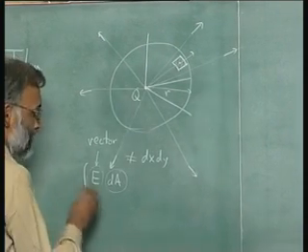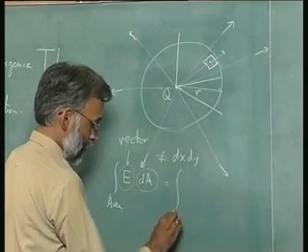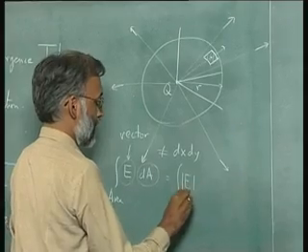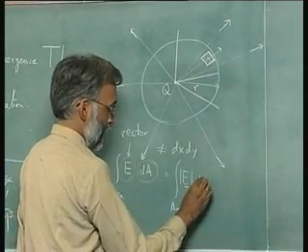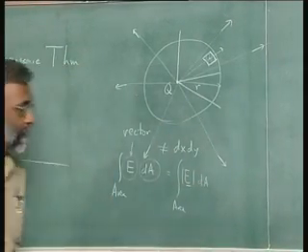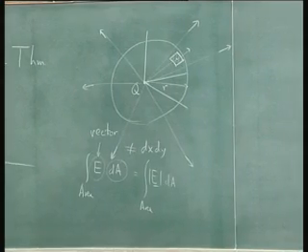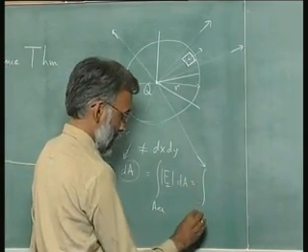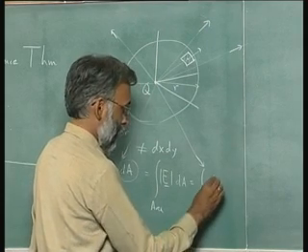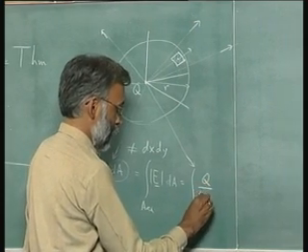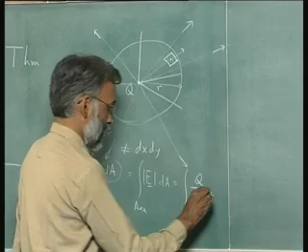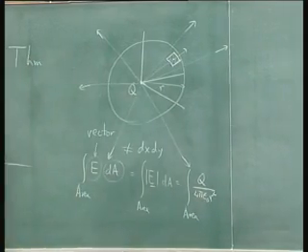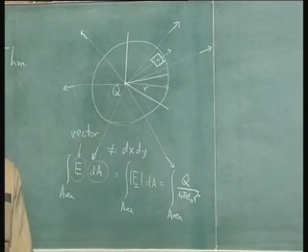So, what I really am saying right now is integral over the area, magnitude of the electric field times dA. Well, I know something about the electric field. I know that the electric field is given by q over 4 pi epsilon naught r squared. But how do I write down area?